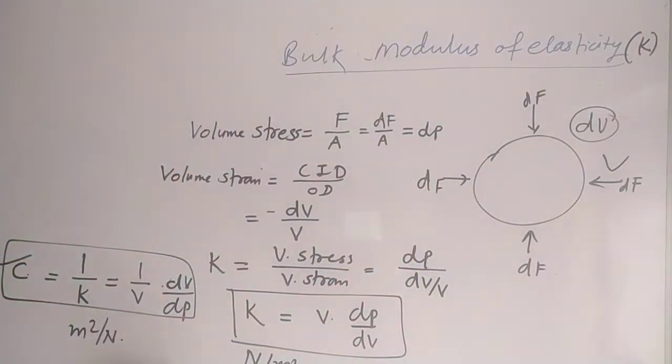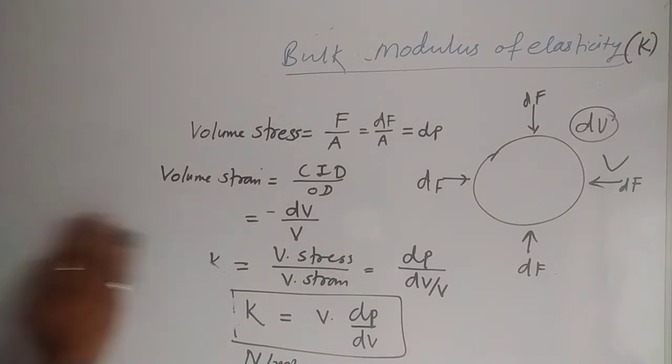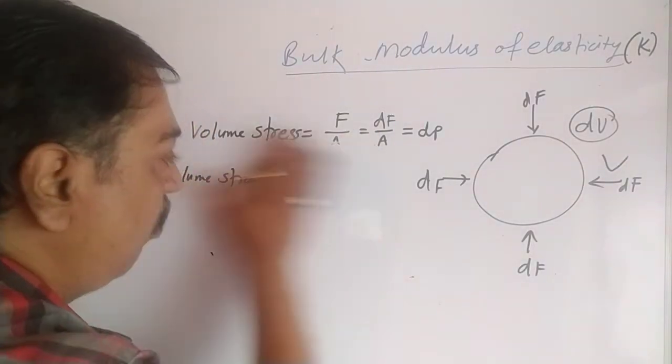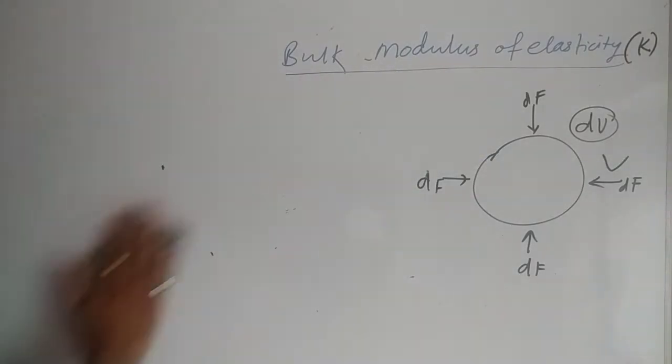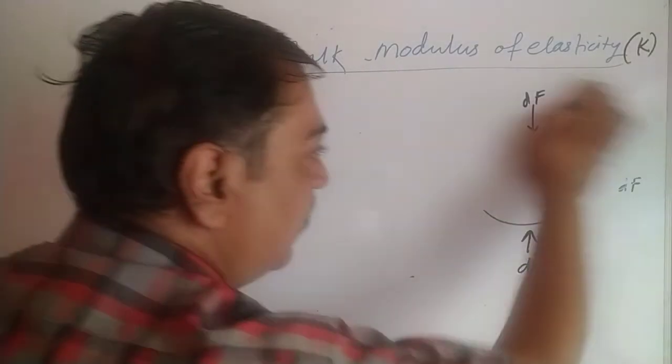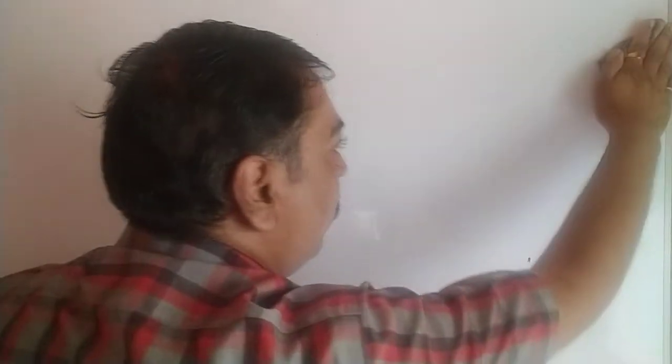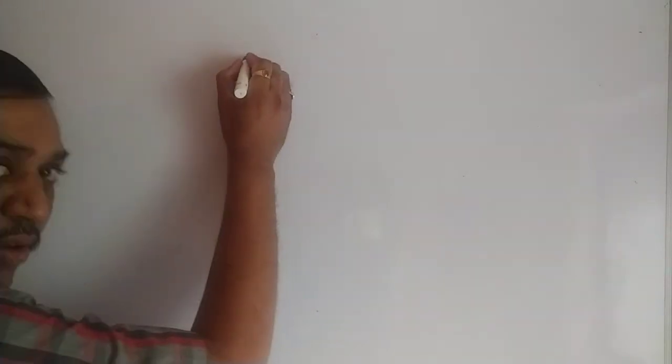So this is the bulk modulus of elasticity, for the change in volume. Now the last one we go to, that is the change in shape. We should consider the modulus of rigidity. Now we have to consider the third type of modulus of elasticity, and that is said to be the modulus of rigidity.